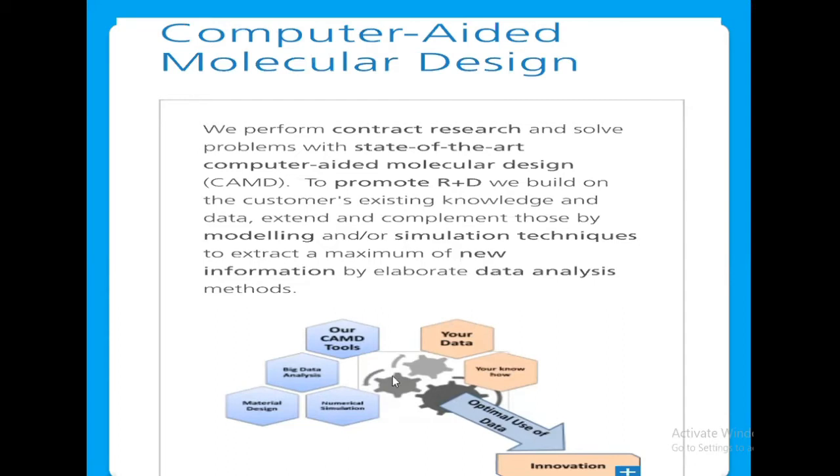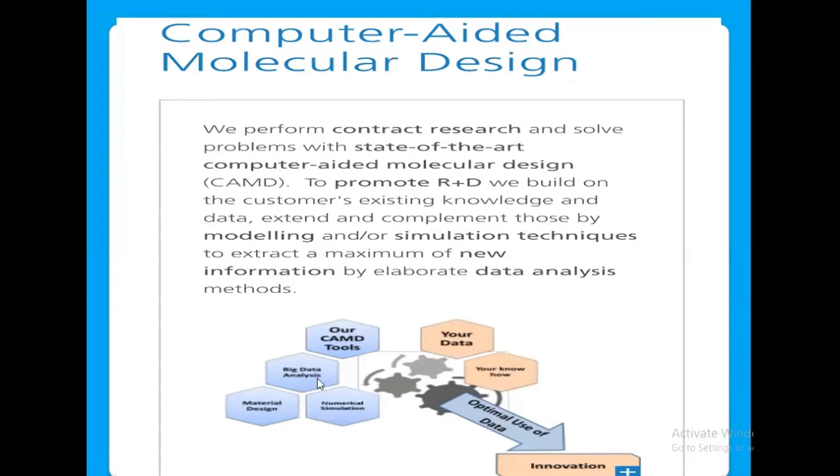Here you can see your data, that is your molecule for which you are going to analyze the structure, and you are going to use CAMD tools, bioinformatic tools, for analyzing the structure of these molecules in a computer-aided way. Then you will get big data during analysis.